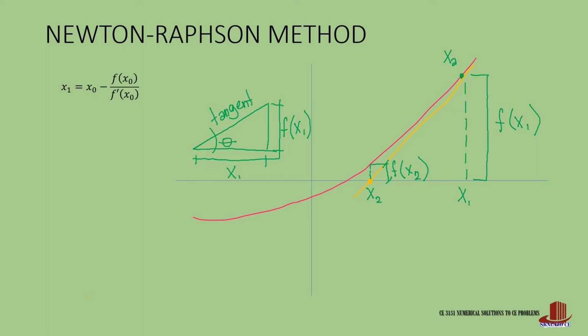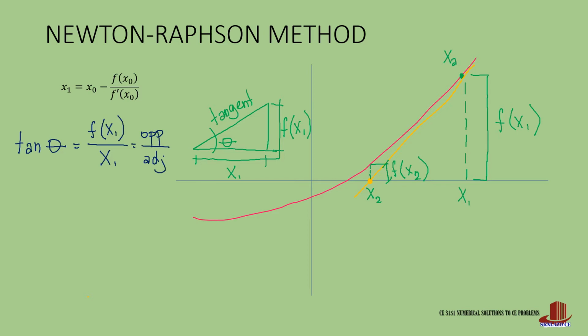That would be taken as tangent of theta is equal to f of x sub 1 all over x sub 1. As we said, tangent of theta is taken as the opposite all over adjacent.